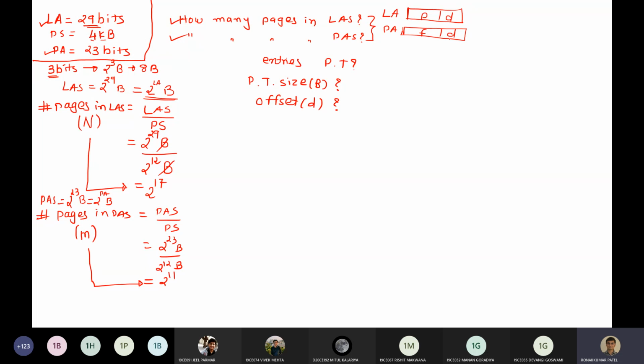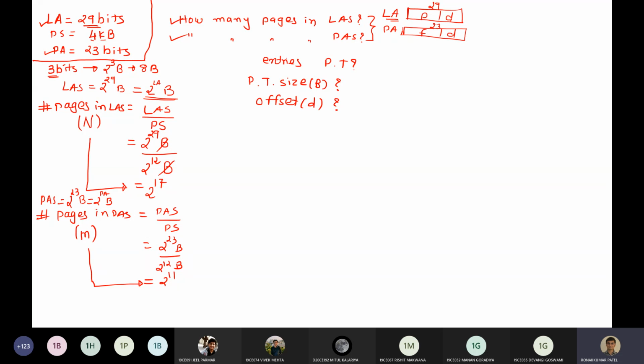P, D, F, and D. What is this P? This LA is given as 29 bits. So this size is 29 bits, the whole size, and that 29 bits is divided like this, P and D. Same way, PA is 23 bits, so it is also divided like this, F and D.